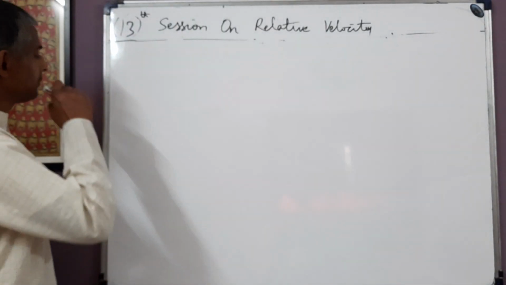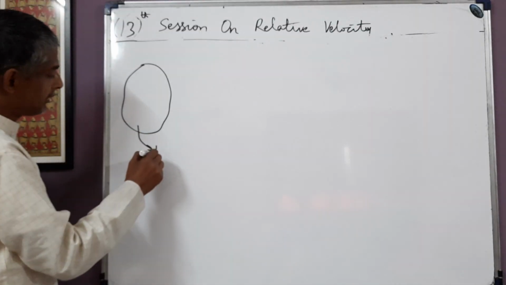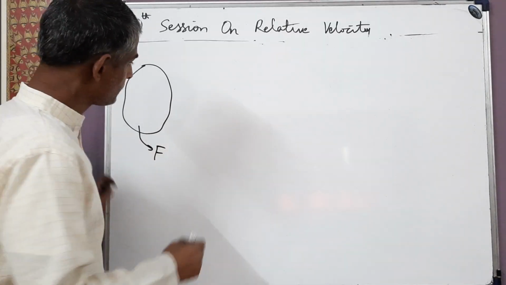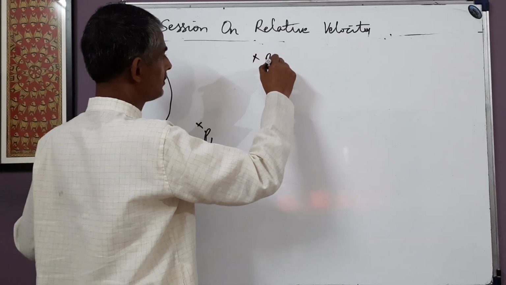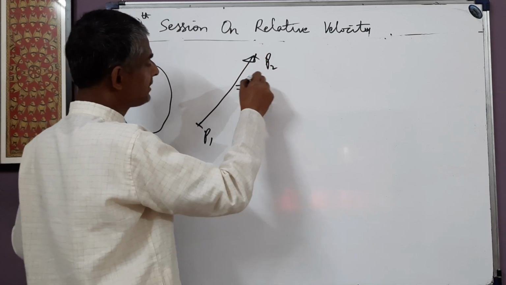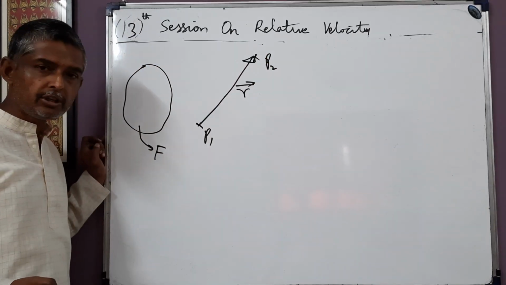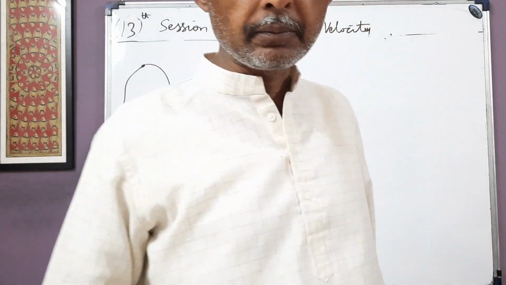So first of all, see, suppose this is a reference frame F, and P1 and P2 are two points. R is the vector from P1 to P2 at time t. So R will be called the relative vector of P2 with respect to P1.